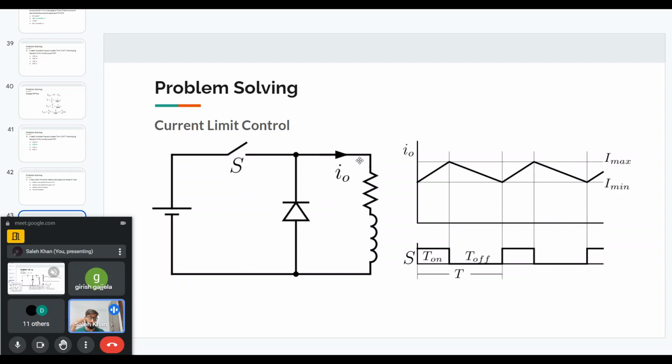So actually this is done, I think, in the last lecture of this week for buck converter. It has been done for an RLE load, if I remember correctly. So you will get a differential equation for the load current.